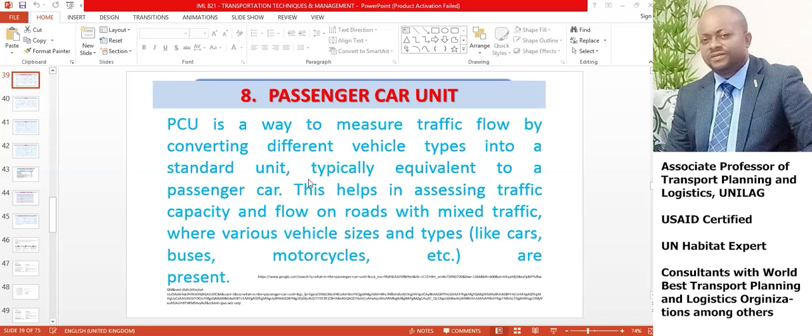Whichever volume you have counted, per hour, per day, per week, per month, per year, they should transcend into the same unifier. It is when they become the same through the PCU, different equivalent values, that we can now say, okay, we can take some decisions on them.